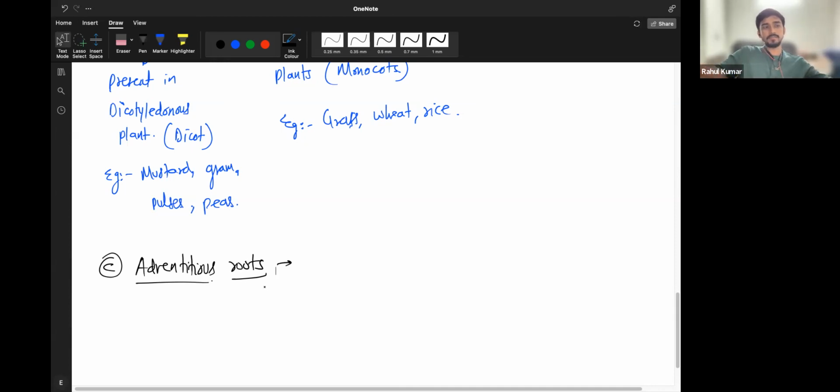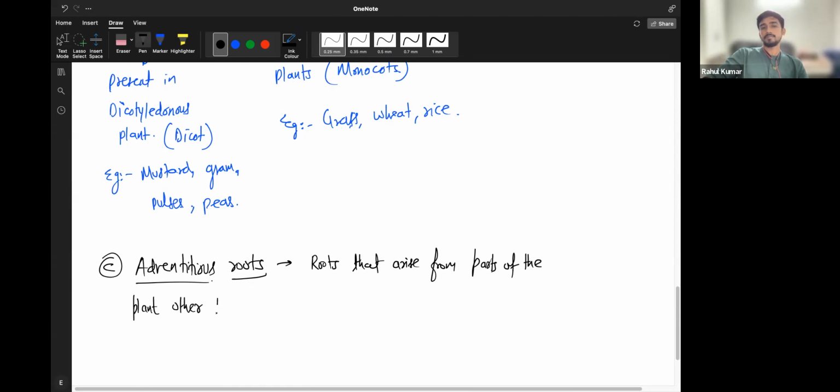Roots that arise from parts of the plant other than the radicle are called adventitious roots.